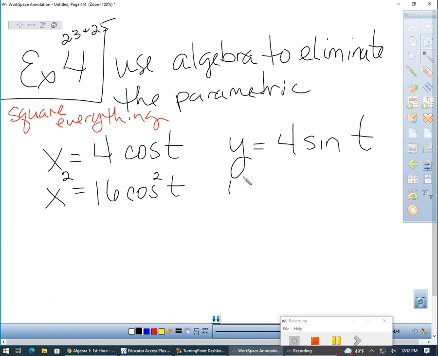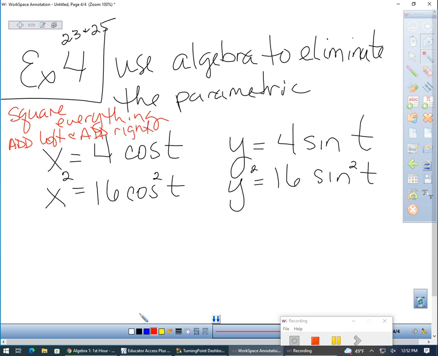Over here, I've got y squared equals 16 sine squared t. Not a bad step, right? Okay. Now, I'm going to ask you to add your left sides and add your right sides. So, step 2, add left and add right.